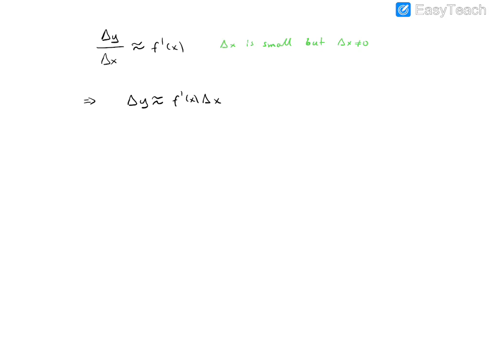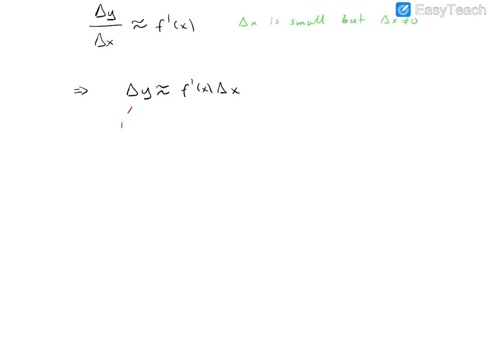From this equation we can observe that f prime times delta x provides a good approximation for delta y when delta x is small. Because of the practical and theoretical importance of f prime delta x, we give it the special name differential and represent it with the special symbol dy or df.